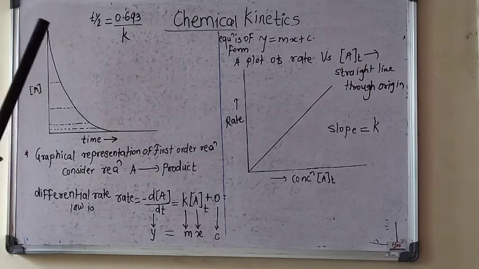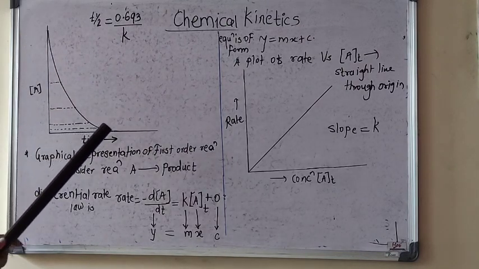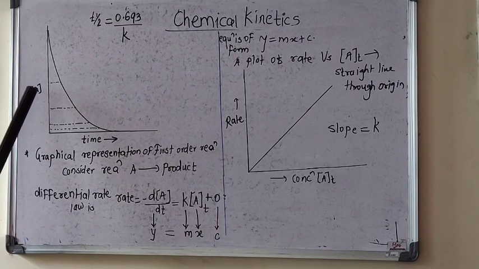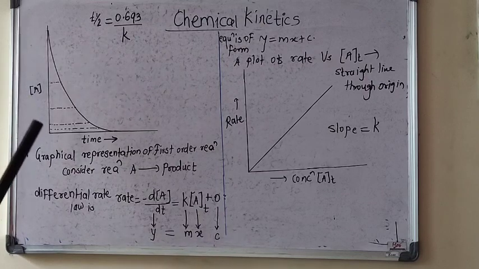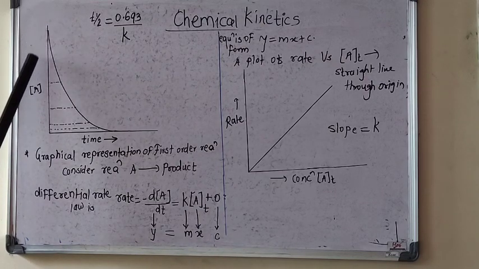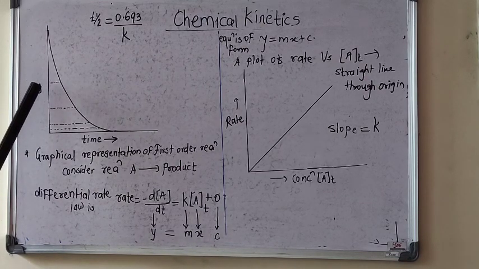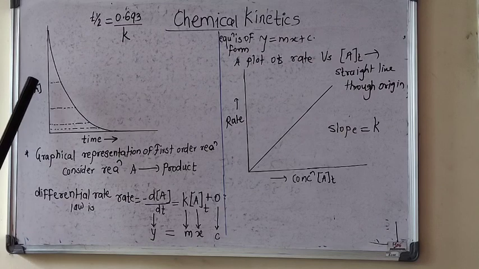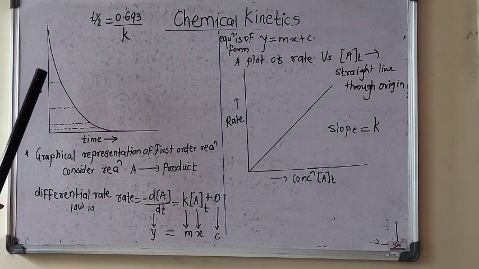If you look at the graph here, this is the plot of time versus the molar concentration of that particular reactant, A. The t1/2 is nothing but the time required for the concentration to fall to exactly half of its initial value.